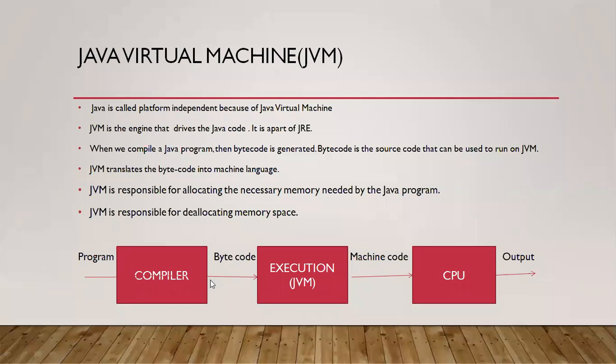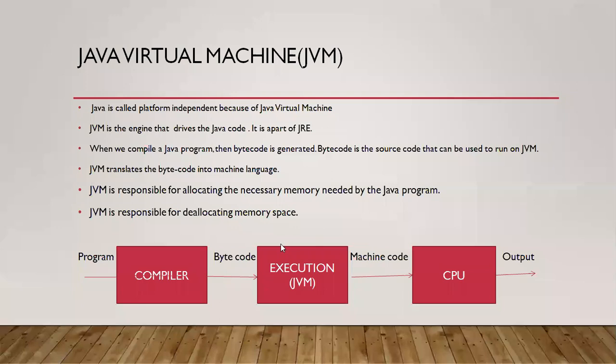That .class file has the information translated into bytecode. This bytecode is sent to an execution unit. The compiler is one unit, the second unit is the execution unit. This Java execution unit has the JVM engine.